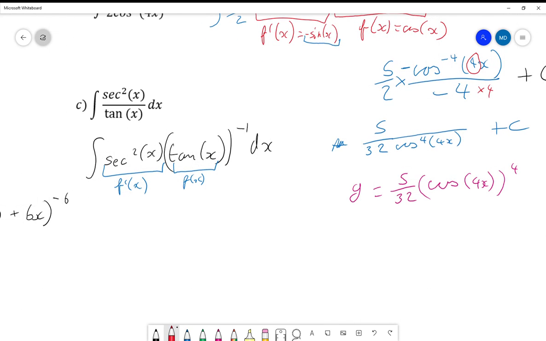So in this case, actually, what we'll get is the natural log of tan of x plus c. And that is always the case.